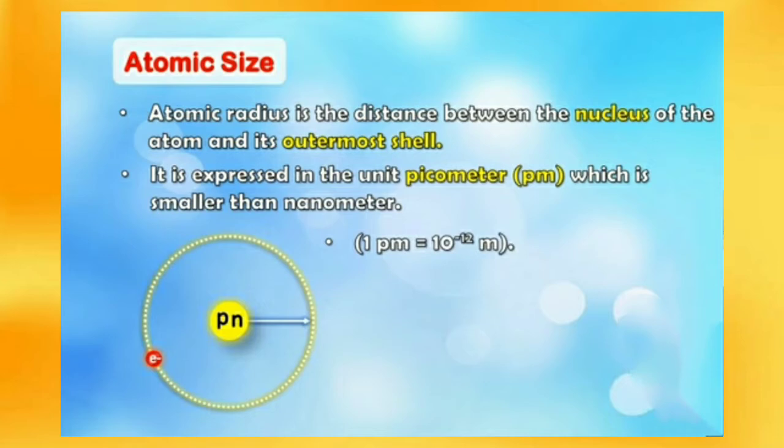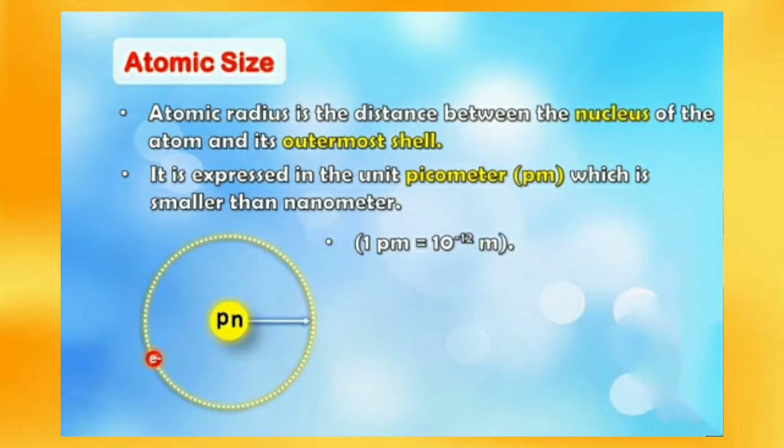It is expressed in the unit picometer, pm, which is smaller than nanometer. So 1 picometer is equal to 10 raised to minus 12 m.